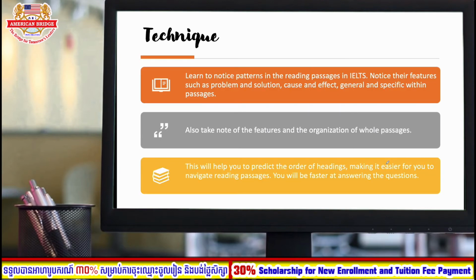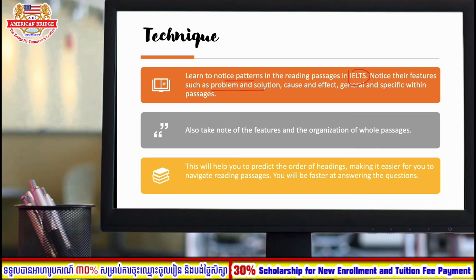So here, the technique that you should learn in reading, not just on the IELTS test but in general reading, is to learn to notice patterns in the reading passage. Those patterns include problem and solution.